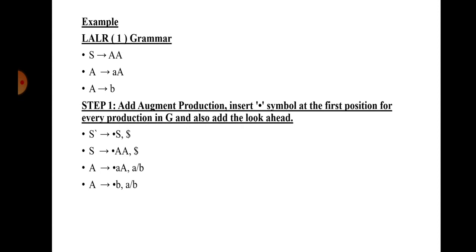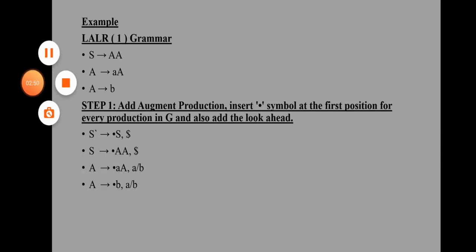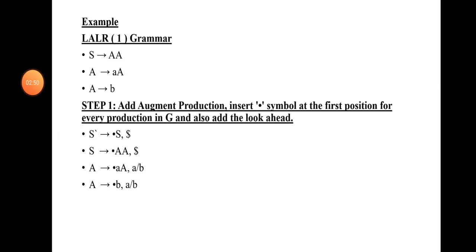So consider this example. We are going to construct the LALR parsing table. There are three productions: S tends to AA, A tends to aA, A tends to b. In the first step, we find the augment production and insert the dot symbol at the first position of every production in the given grammar.